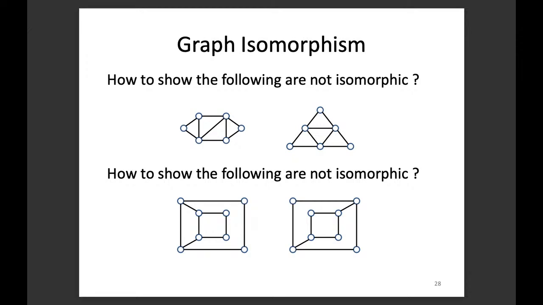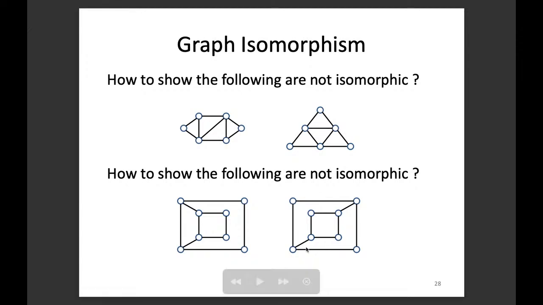But on the other hand, on this graph, there are two vertices with degree 2 that at least we can find joining to each other. But the vertices of degree 2 in the right-hand side graph are not joining to each other. So in such a case, this graph and this graph cannot be of the same structure.